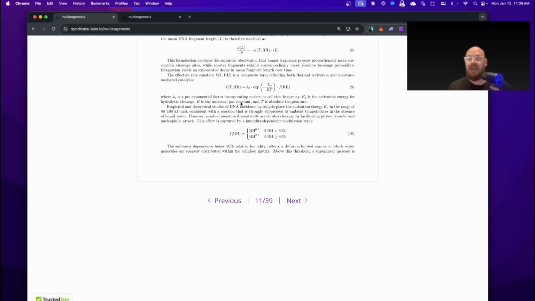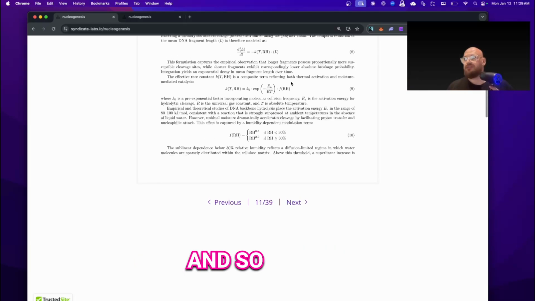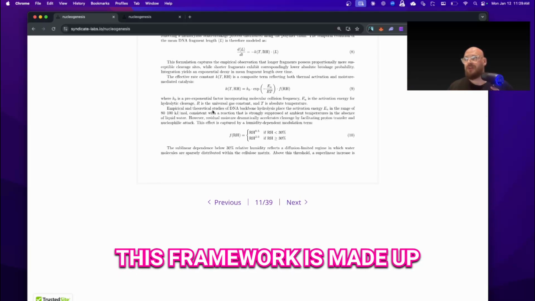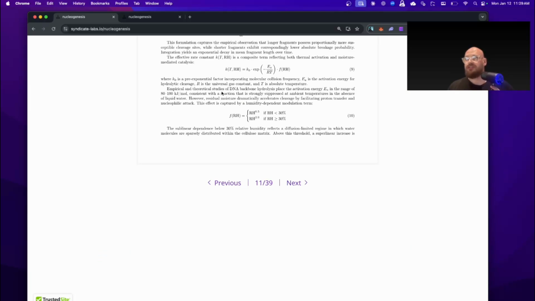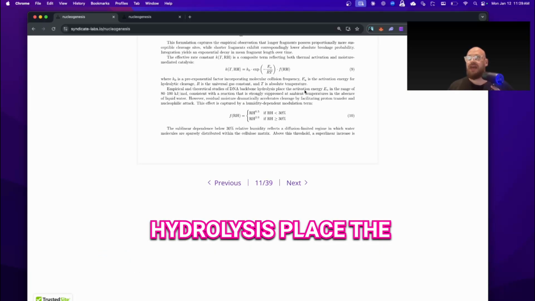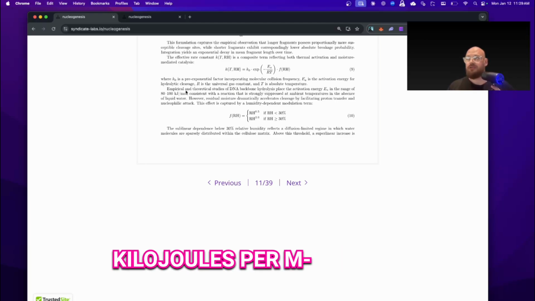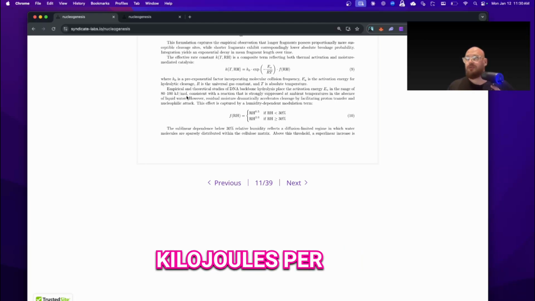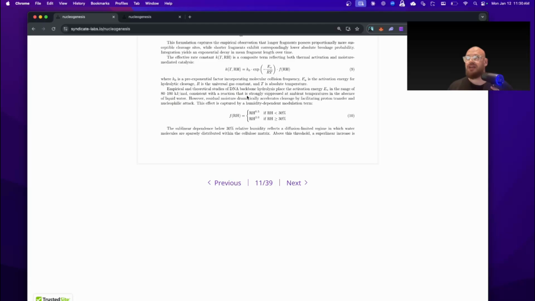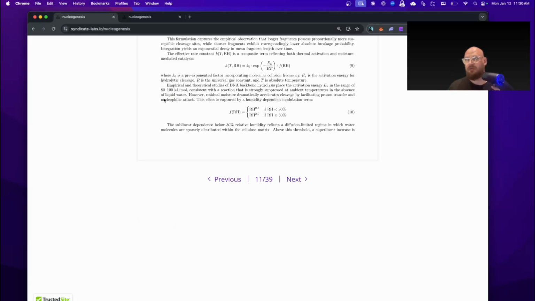R is the universal gas constant, and T is the absolute temperature. So you see how this framework is made up. Empirical and theoretical studies of DNA backbone hydrolysis place the activation energy, or Ea, in the range of kilojoules per mole, consistent with a reaction that is strongly suppressed at ambient temperatures in the absence of liquid water.